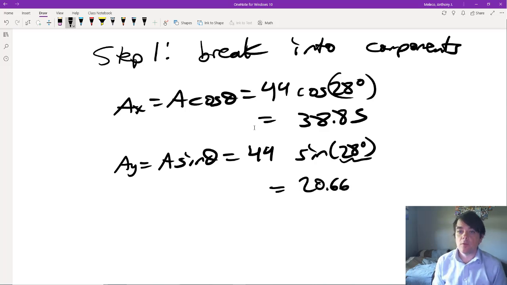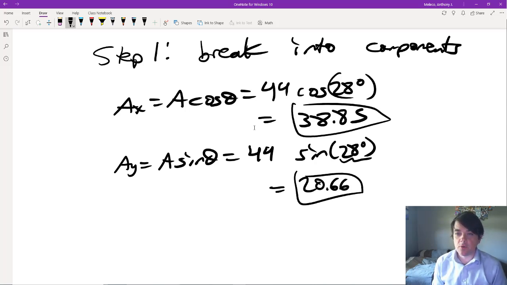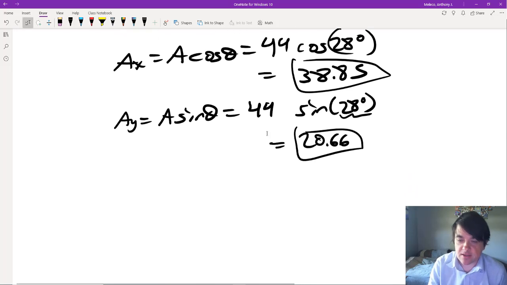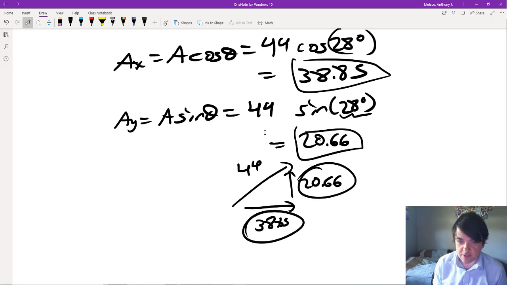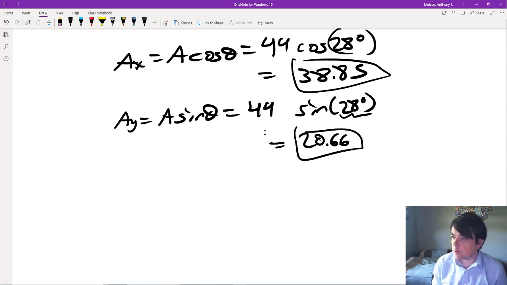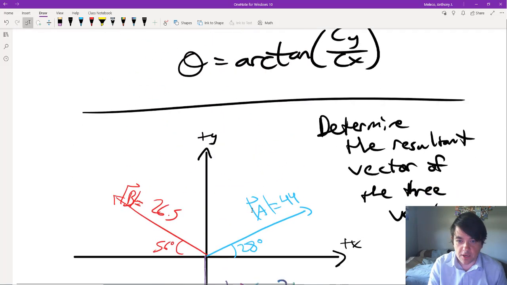Okay, so we get 38.85 and 20.66. This means that this vector has this guy, which is 38.85, and then this guy, which is 20.66, and then this one was 44. These are the values that we just calculated, okay? All right. Next up, we've got our x and y of this.